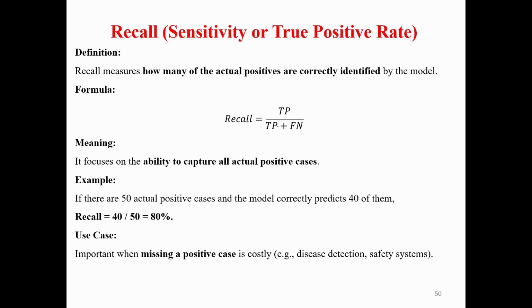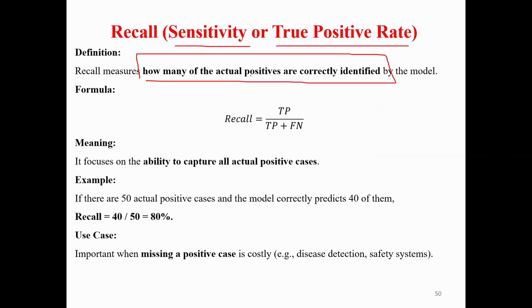Now coming to recall. Recall is also called sensitivity or true positive rate. Recall measures how many actual positives are correctly identified. Here, instead of false positive, it is false negative. If false negative increases, your recall decreases.